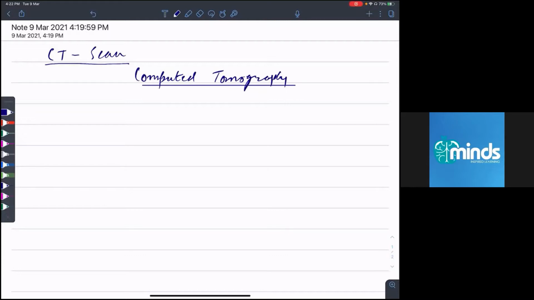For example, if you take an X-ray of the stomach or any organ inside the human body, let's say this is an organ and there's a mass which is building up. Let's say this mass is here. Now, X-ray will tell you there's some mass or some abnormal object which is represented by this red spot, but it won't give you any information about its depth.